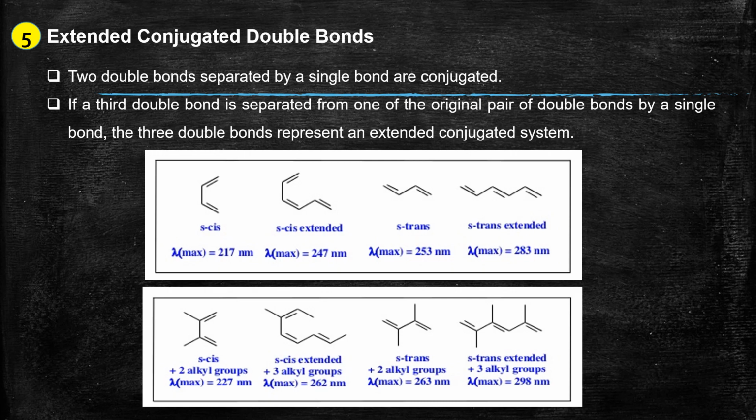So five things you have to know before calculating Woodward-Fieser. First one is homoannular diene, second one is heteroannular diene, third one is exocyclic conjugated double bond, fourth one is alkyl substitution or ring residue, fifth one is extended conjugated double bonds. These five systems you have to know, then only we can calculate theoretically using this rule.